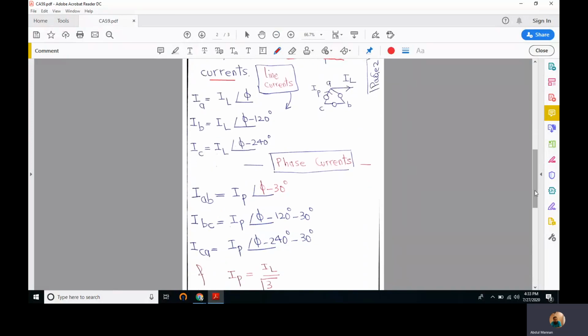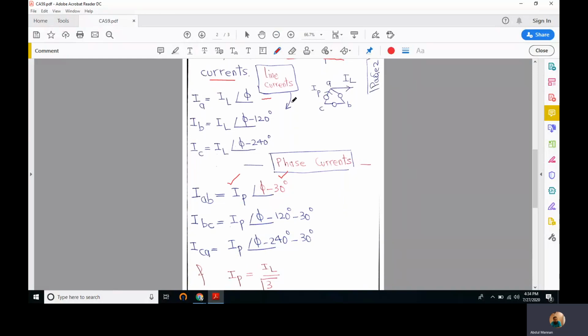But the phase currents, and we studied in Y-connected systems that phase voltages are 30 degrees lagging compared to line voltages. The same applies here. Here we have two sets of currents, so all phase currents are 30 degrees lagging compared to their line current counterpart.